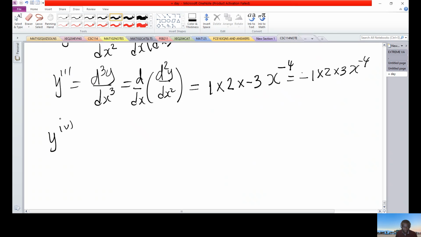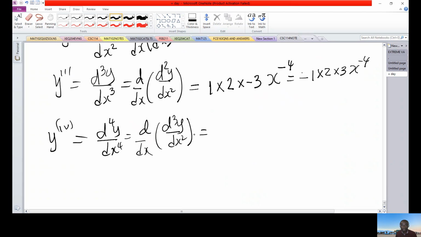The fourth derivative is the derivative of the third derivative. So dropping the power, we'll have 1 times 2 times 3 times 4, of course negative, and then x raised to the power -5.